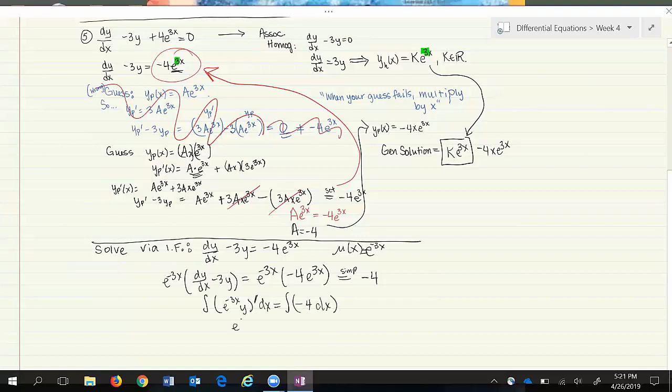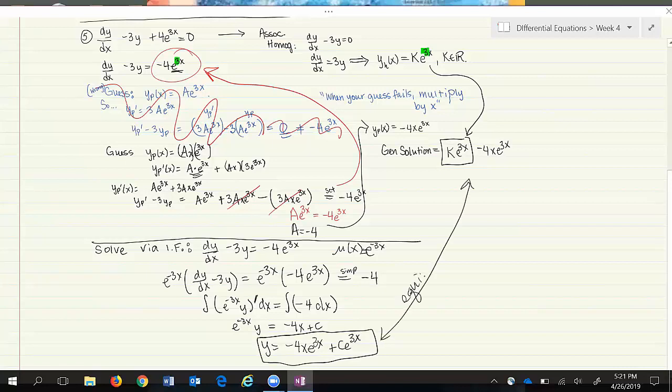On the left we get our integrating factor times y, and on the right we get -4x plus c. Then when we divide both sides by the integrating factor, we get -4x e^(3x) plus c e^(3x). So you can see we do in fact get the same thing. And that, my friends, is why this strategy always works.